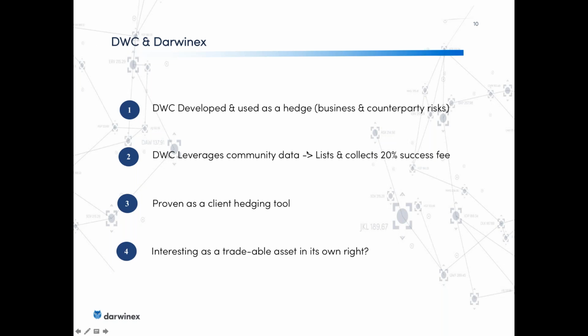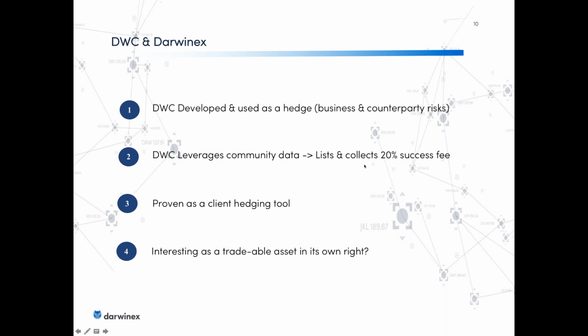Now, because of our vision, because DWC leverages community data, that data is the intellectual property of someone, in this case, the entire Darwinex community. So we feel it's against our vision for us to leverage that data without offering the opportunity of leveraging that data to all its owners, which is our community.